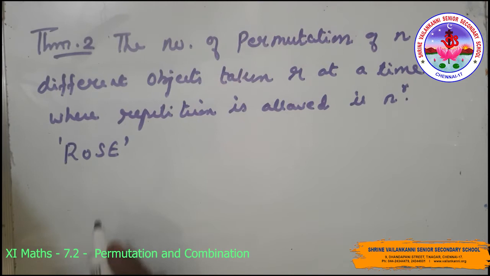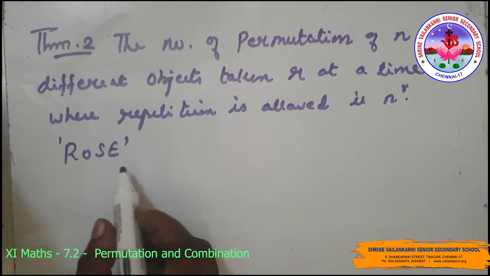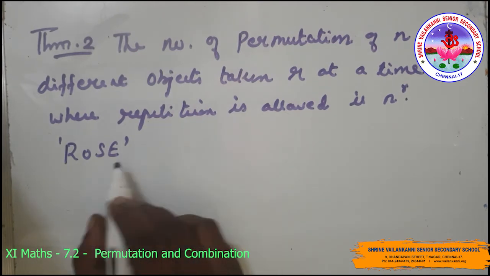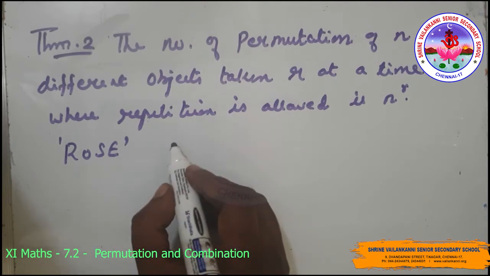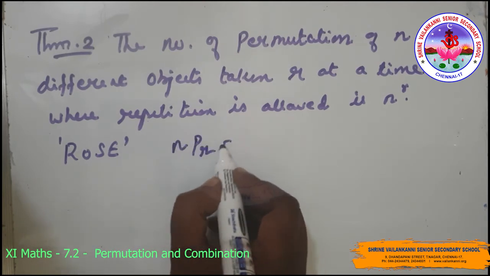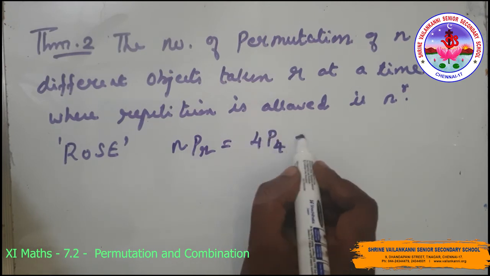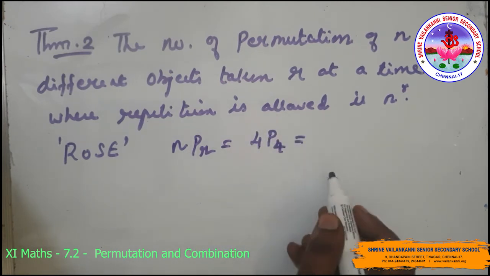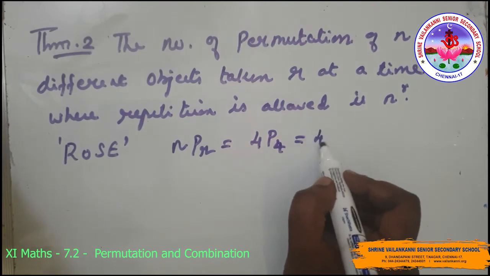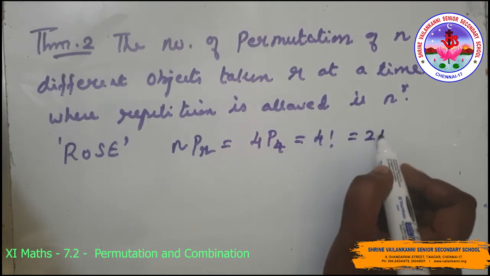So using this formula, number of letters is 4 and we are going to take 4 at a time. So 4-letter words we are going to frame. So 4P4 using the formula nPr. 4P4, nPn is 4 factorial. So 4P4 is 4 factorial, which is 24.